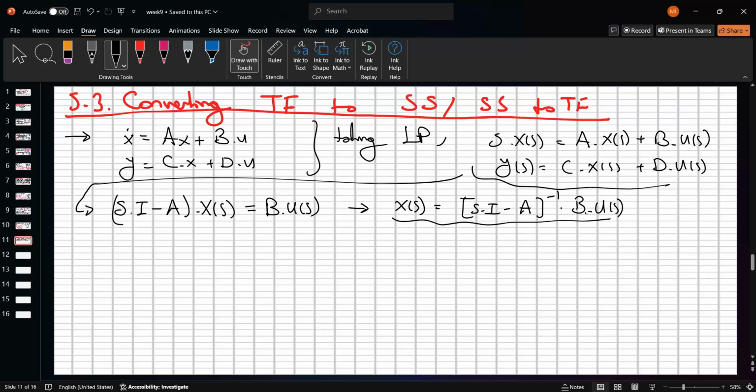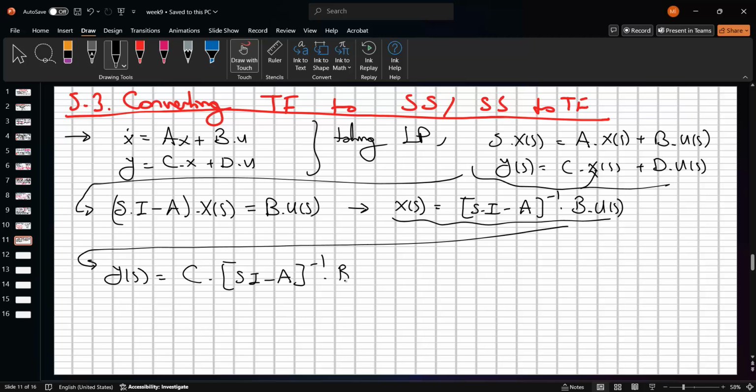And so this is X(s), and we can put this X(s) into the output equation, right? And so Y(s) is equal to what? C times (sI minus A) inverse times B times U(s), right? This is simple. And also we have D times U(s), right?